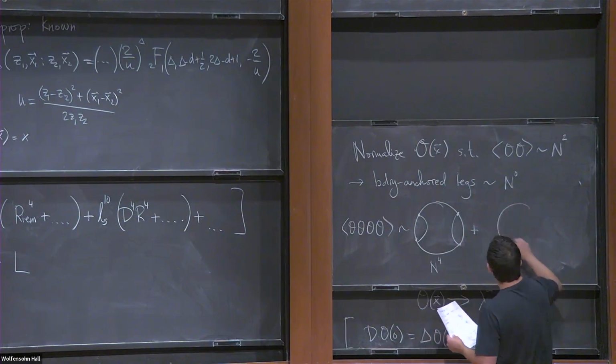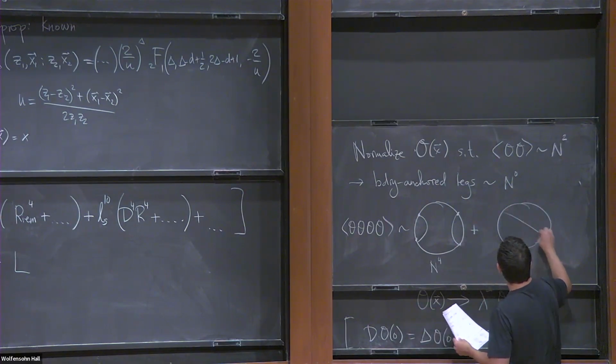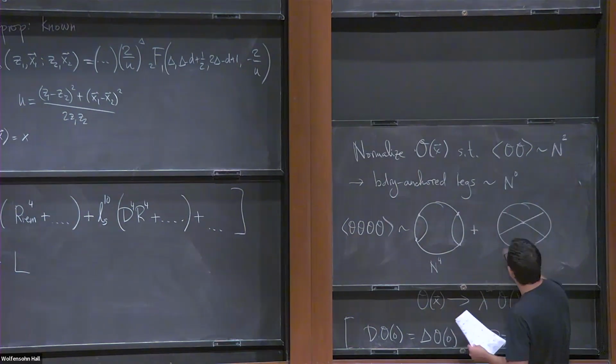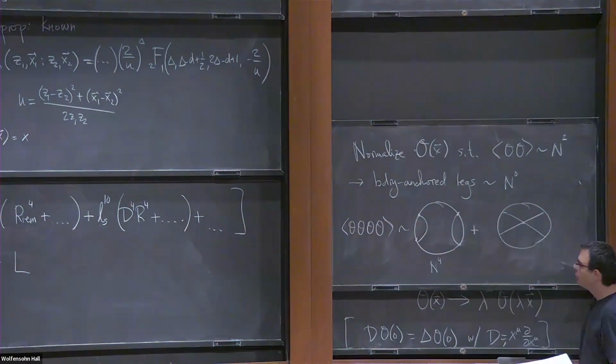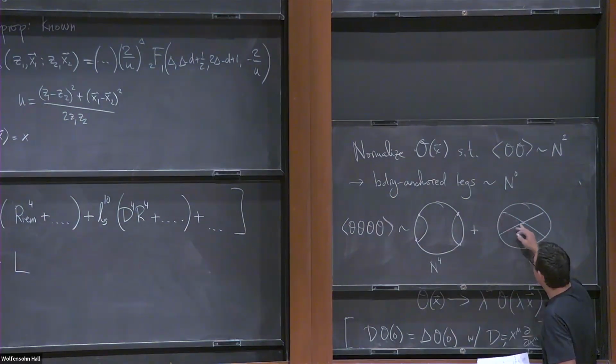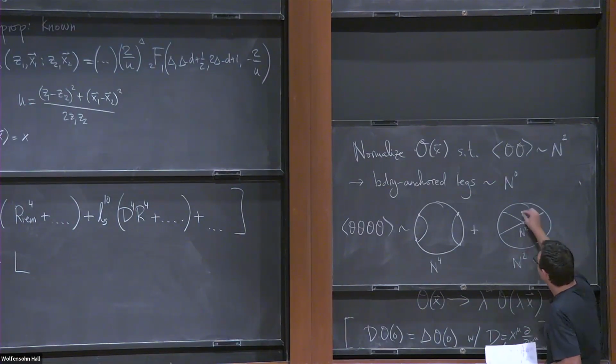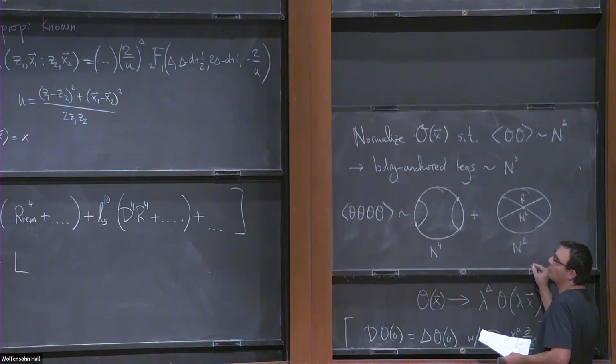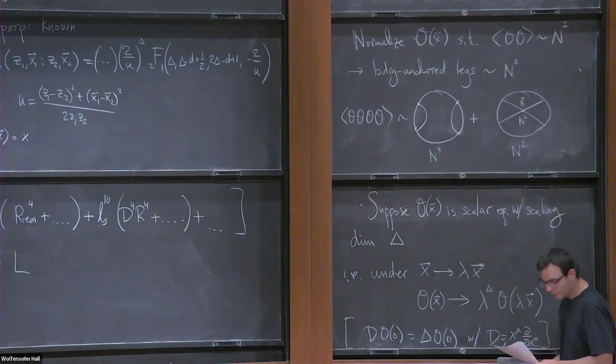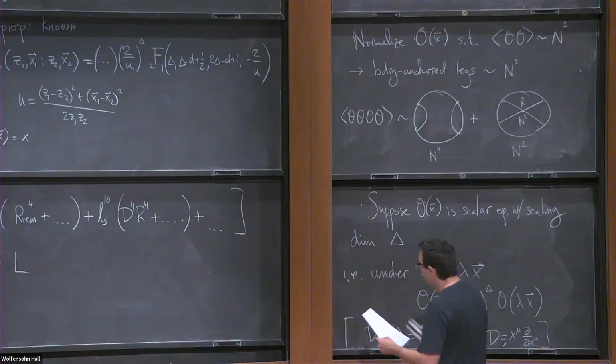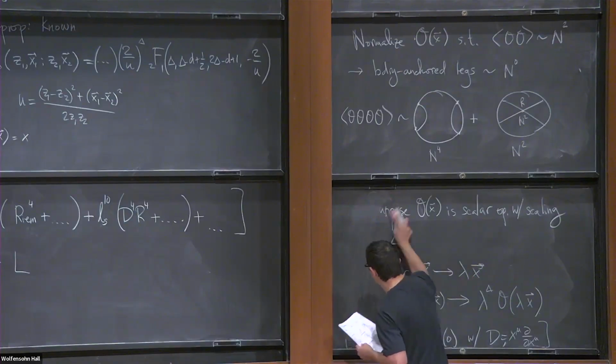The next contribution is when we have a contact interaction. The boundary anchored propagators, if they have only one leg on the boundary, don't contribute anything. The only thing that contributes is the vertex in the bulk, which is like n squared. So this would scale like n squared if the vertex comes from the Einstein-Hilbert term. And then we can figure out how other things scale.